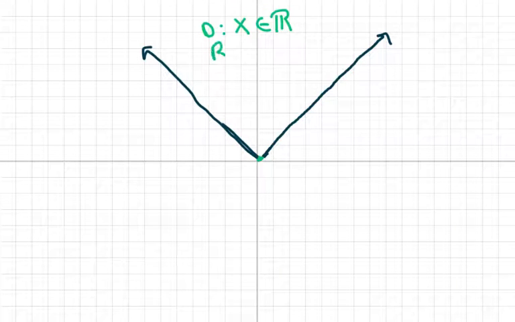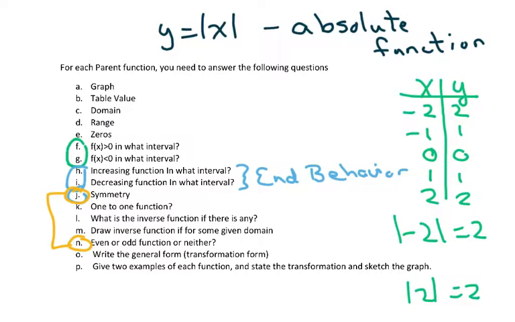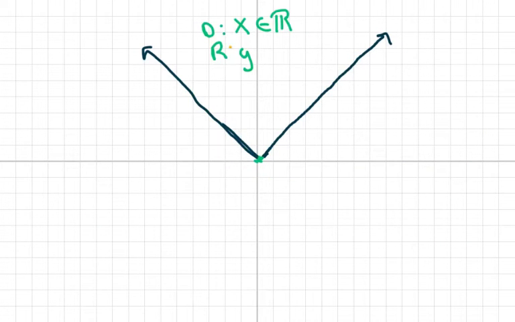And then the range, just like the quadratic, will never be negative, because when you take the absolute value, it's positive. So the range is y is greater than or equal to 0. Are there any zeros? Yes, right here, that's your x-intercept. There's only one, and it's at (0, 0). It's also the y-intercept.